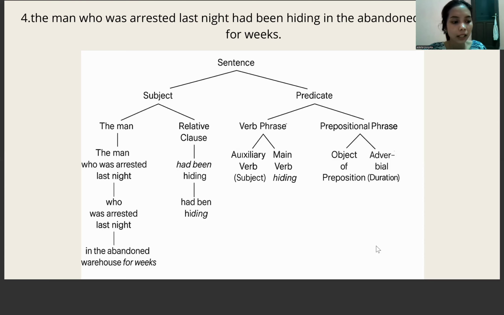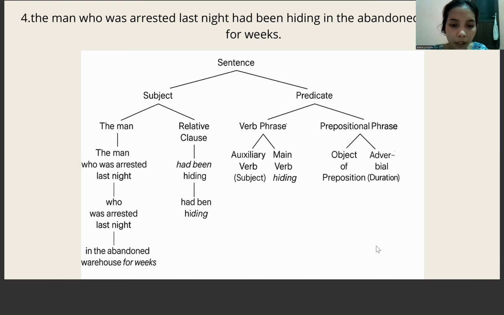So the next is all about: the man who was arrested last night had been hiding in the abandoned warehouse for weeks. So in here they have a subject and predicate again. In the subject, the man, they have the man as the subject, and then the relative clause who was arrested last night. And as a predicate they have had been hiding in an abandoned warehouse for weeks.